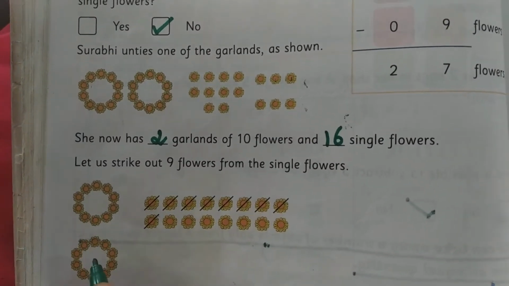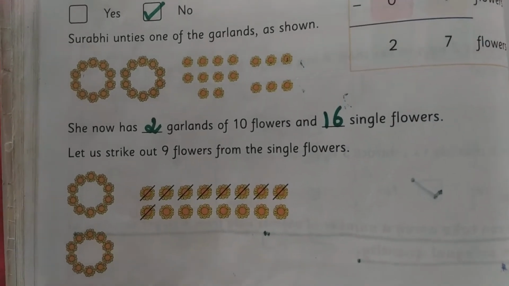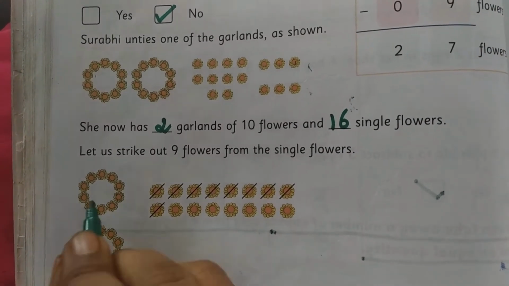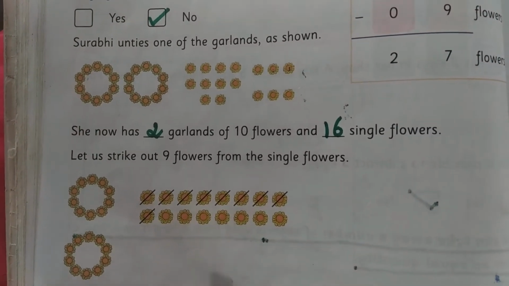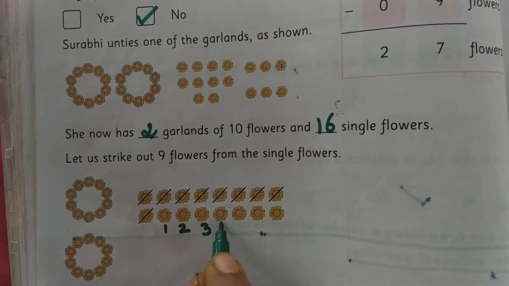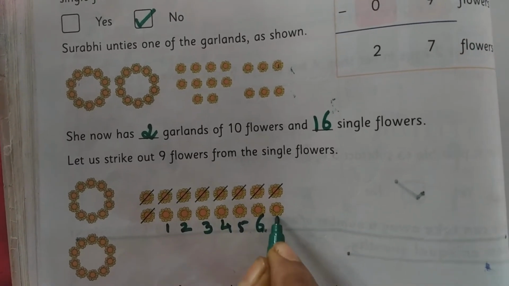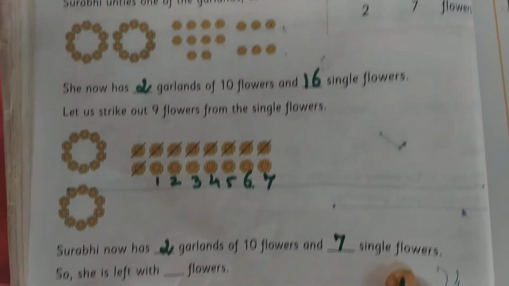So she has 2 tens, no? Yes. So Surabhi now has how many garlands of 10 flowers? 2 garlands of 10 flowers. And how many single flowers? See, 1, 2, 3, 4, 5, 6, 7 flowers. So 7 single flowers.